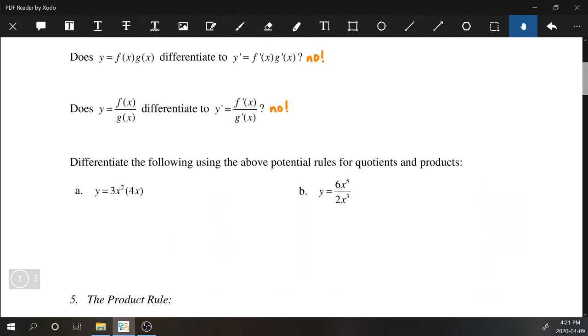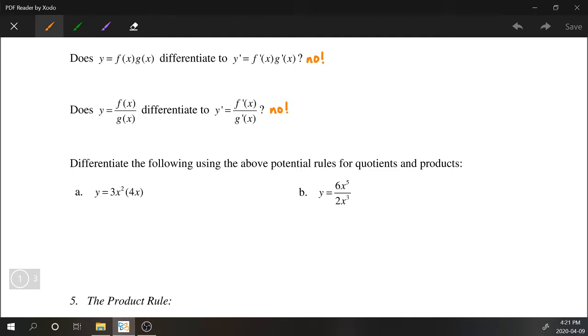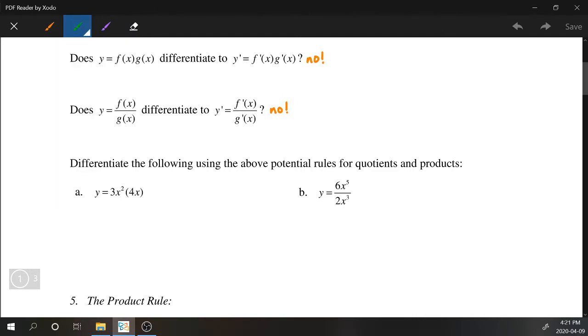So we're going to prove this by a counterexample. From yesterday, you saw that we are able to take the derivative of the product of polynomials simply by multiplying them together. So for example A, we multiply 3x squared and 4x together to get 12x cubed.